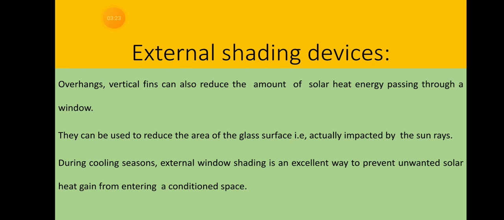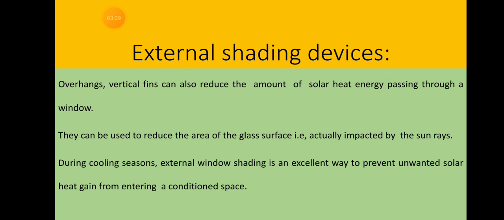Then external shading device. Here these reduce the amount of solar heat passing through a window. So it can be used to reduce the area of glass surface that is actually impacted by the sun's rays.